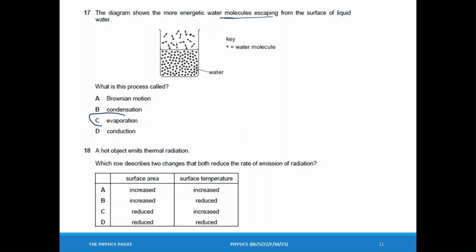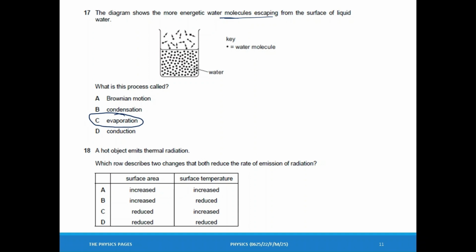So the process when molecules escape from the surface might be due to an increase in the temperature, or because of the heat energy, or the surface molecules have more energy, they can jump from the surface.